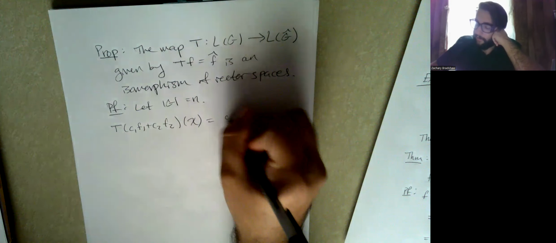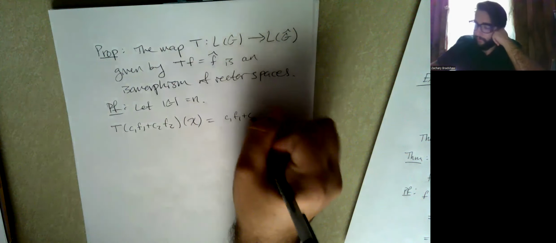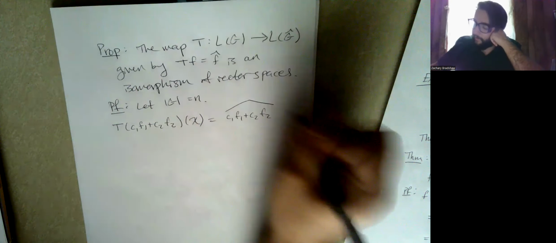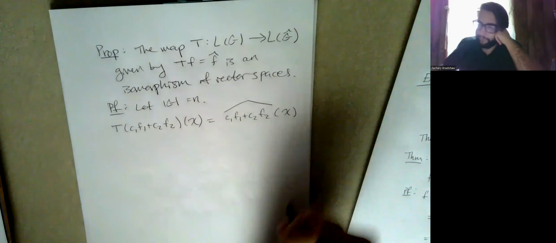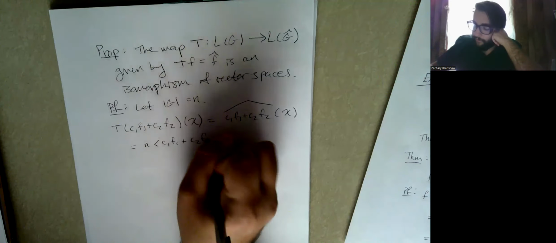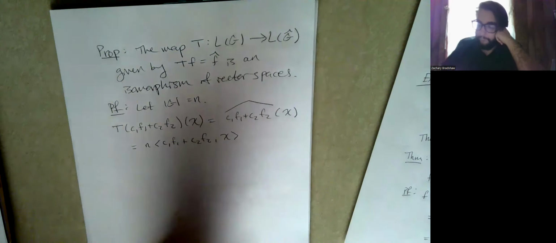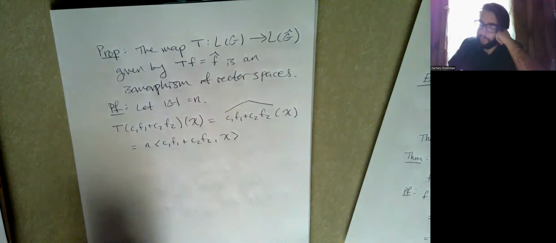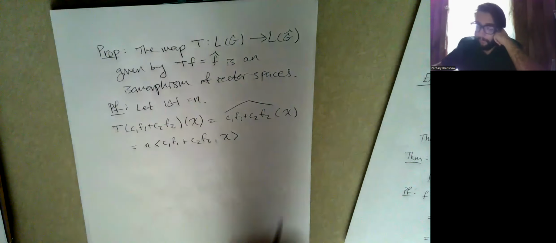Well, this is the Fourier transform of this whole thing applied to chi. And this is equal to n times the inner product of c1 f1 plus c2 f2 with chi. Okay, that's our definition of the Fourier transform.